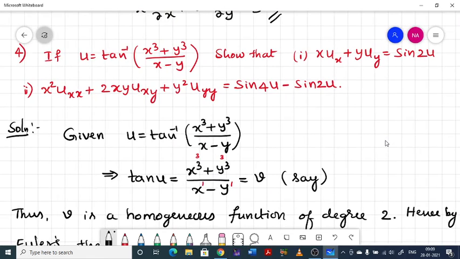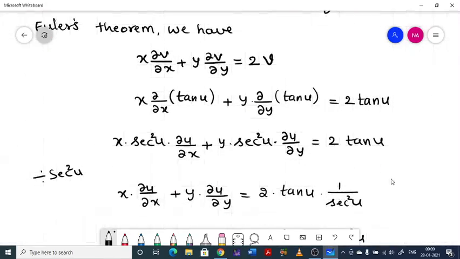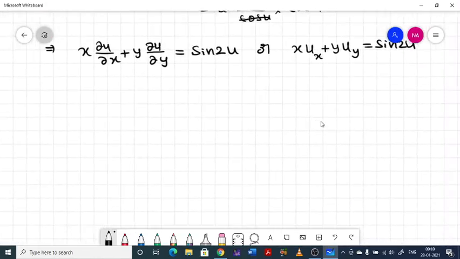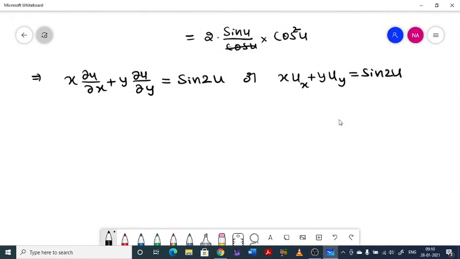So next we have to prove that x square u double x plus 2xy uxy plus y square u double y equal to sin 4u minus sin 2u. For that, I'll do one thing. Call this as equation 1.